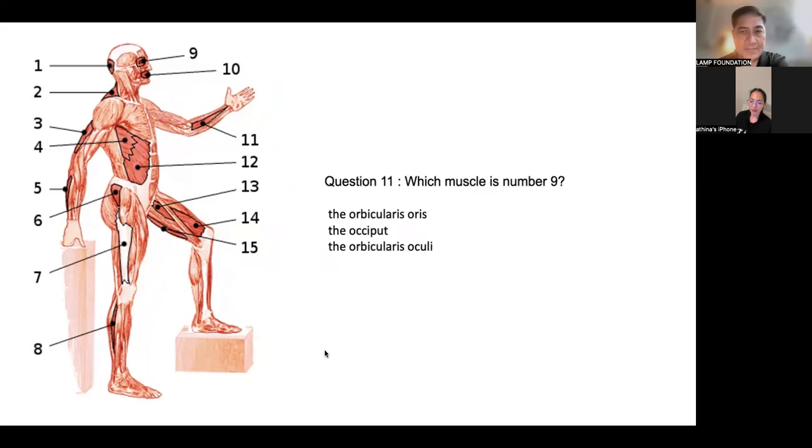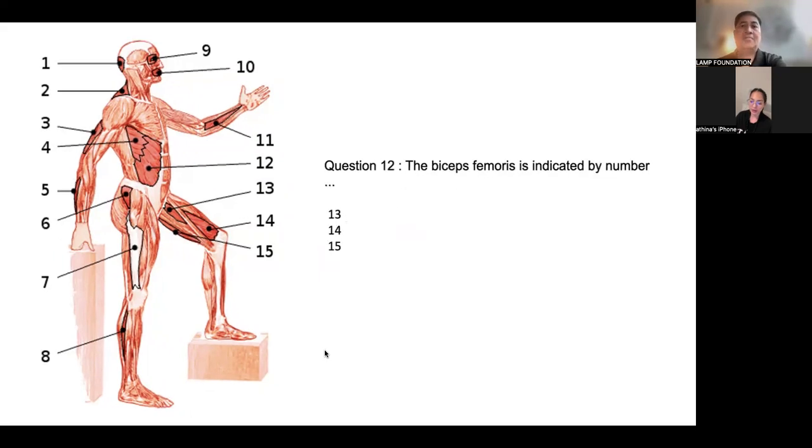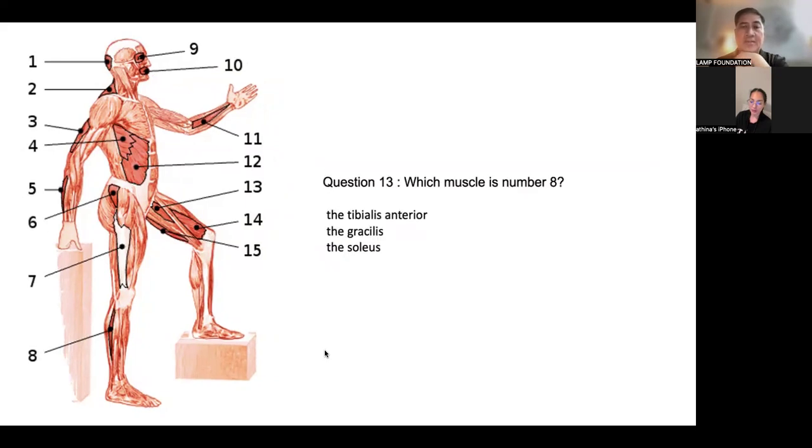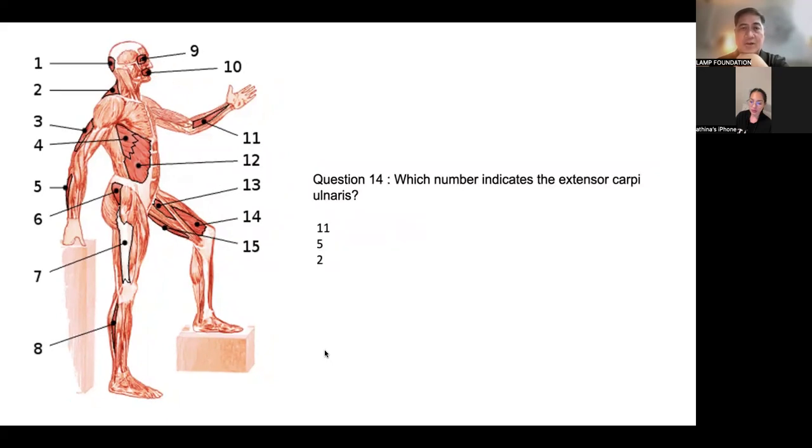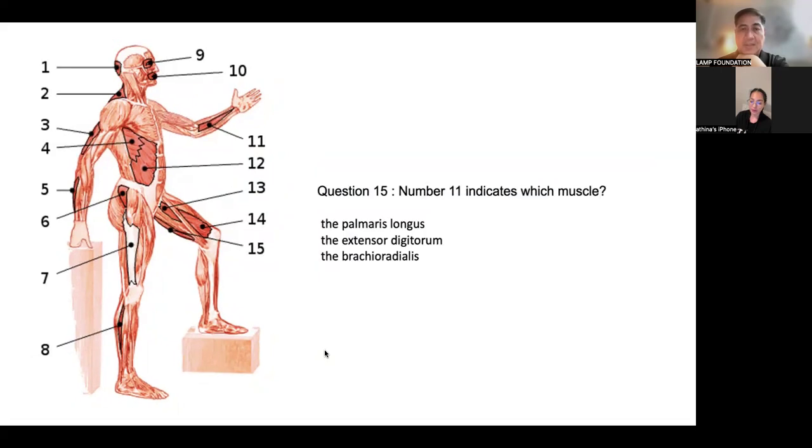Number 9, that's the orbicularis oculi. Biceps femoris, that's number 15. Number 8, that's the soleus. Extensor carpi ulnaris, the number 5. Number 11, that is palmaris longus.